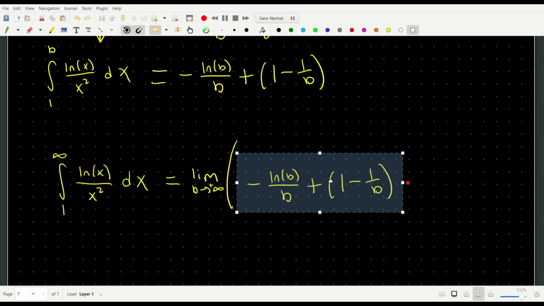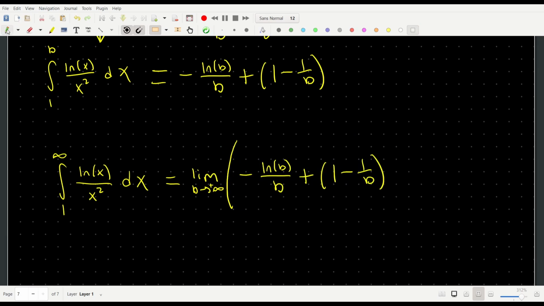One over b as b goes to positive infinity goes to 0. The limit of 1 as b goes to positive infinity is just positive 1. It stays constant.